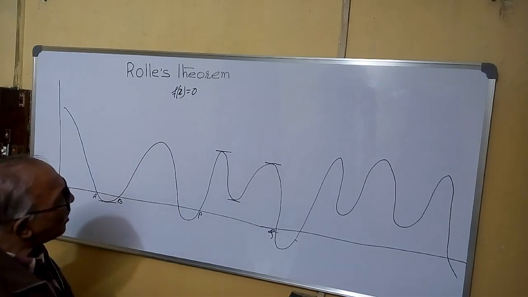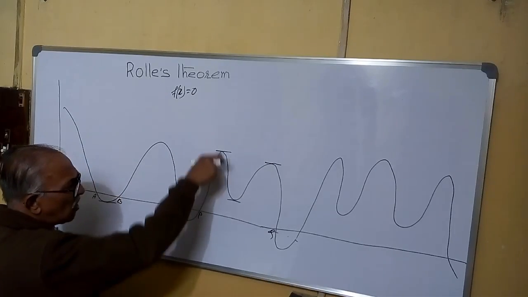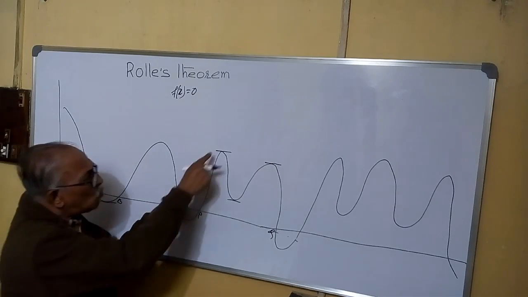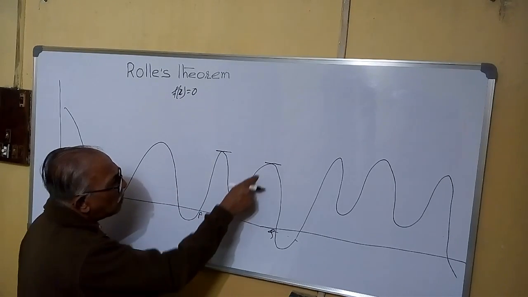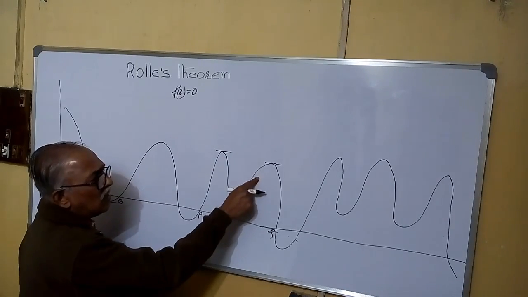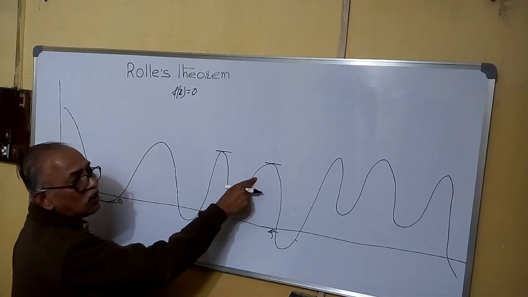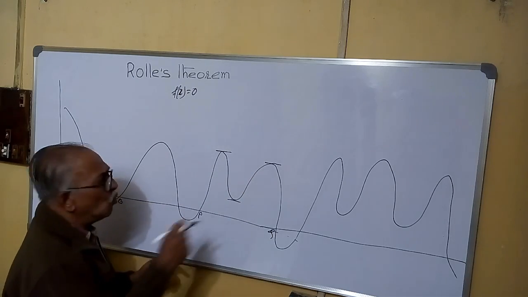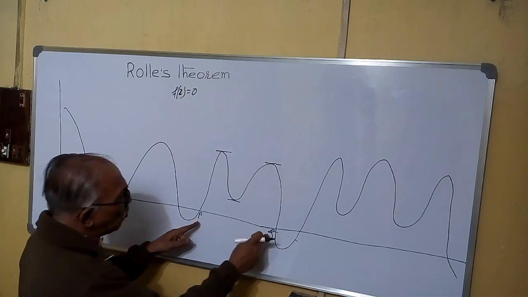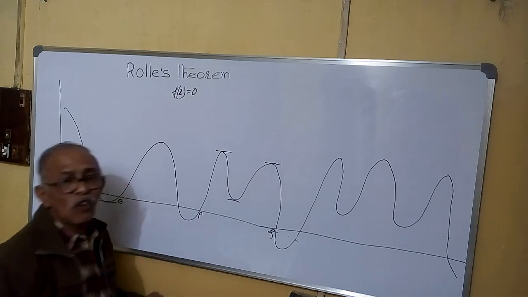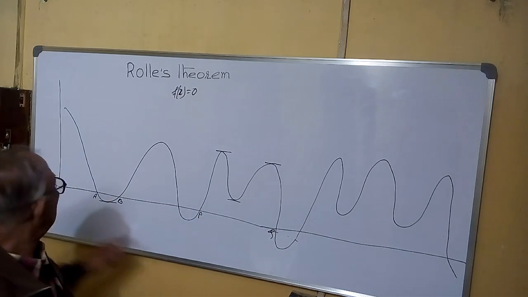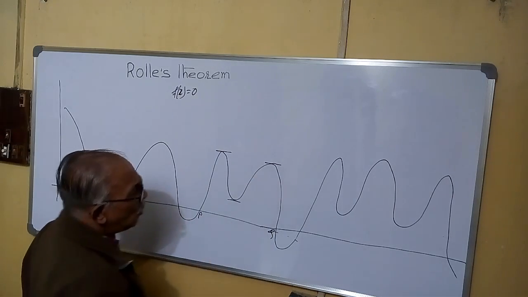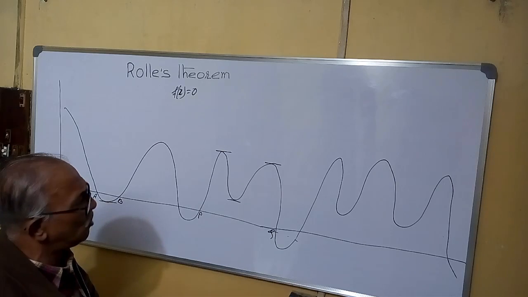After each turning point, the graph is changing direction. So after two changes, it is coming back to the original direction. So there cannot be any root here. That's why there cannot be 2 roots between 2 consecutive real roots of f(x) equals 0. There may be 1 root, there may be 3 roots where f'(x) equals 0.